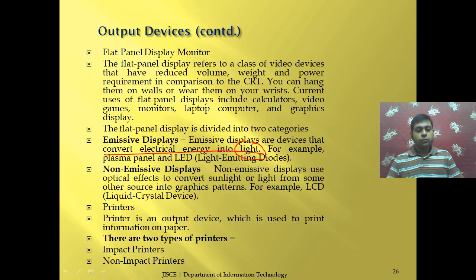Now we are also left with printers, which are also output devices, and are used to print information on paper, hard copy output we can say. And that is of two types. Two types of printers are there. First one is the impact printer, and the other one is the non-impact printer.